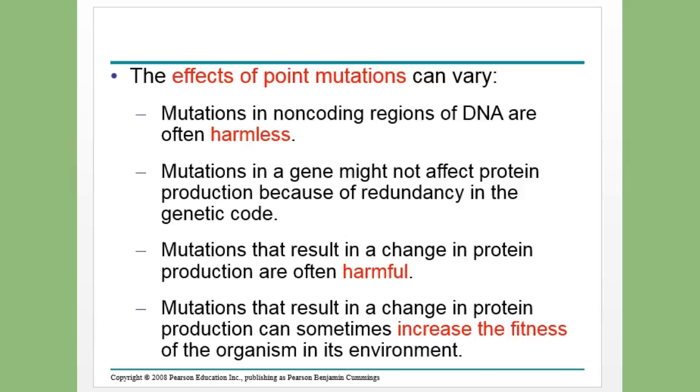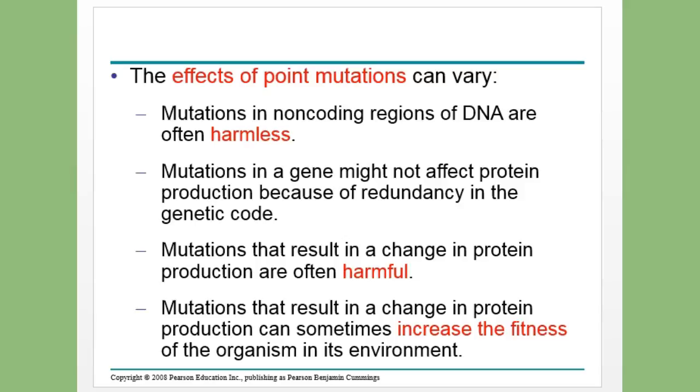The effects of point mutations can vary. Mutations in non-coding regions of DNA are often harmless. Mutations in a gene might not affect protein production because of the redundancy in the genetic code. Mutations that result in a change in protein production are often harmful. Mutations that result in a change in protein production can sometimes increase the fitness of the organism in its environment.